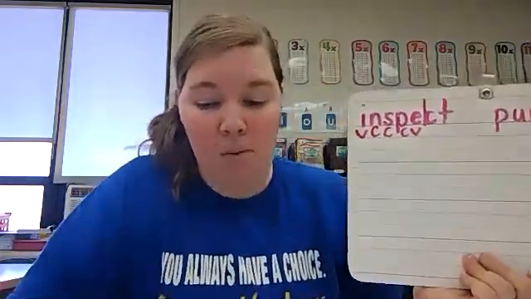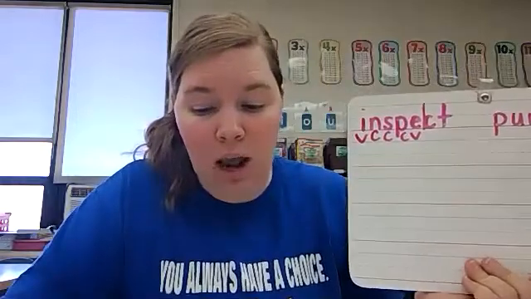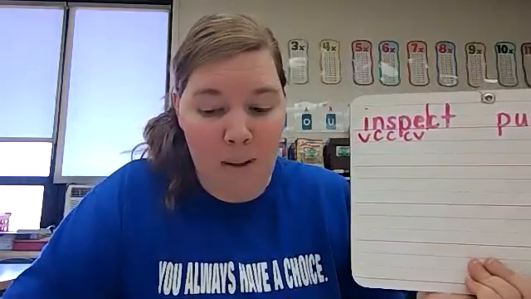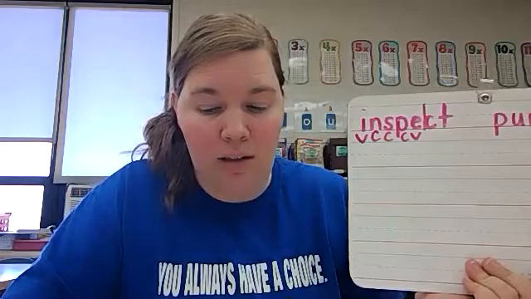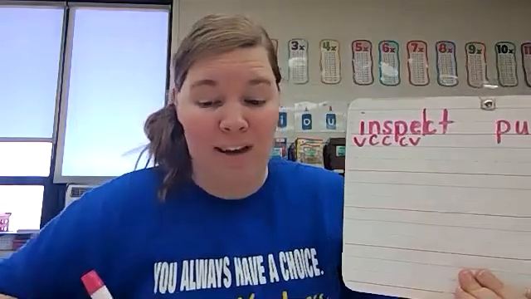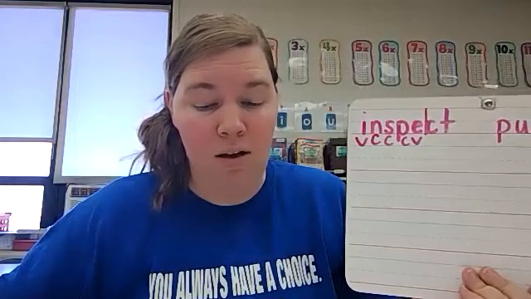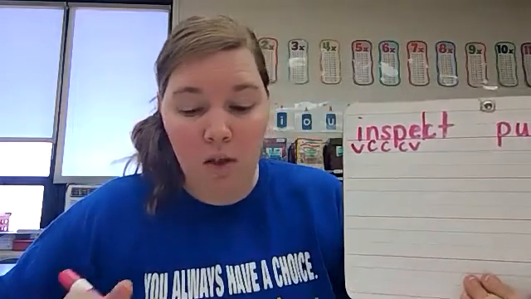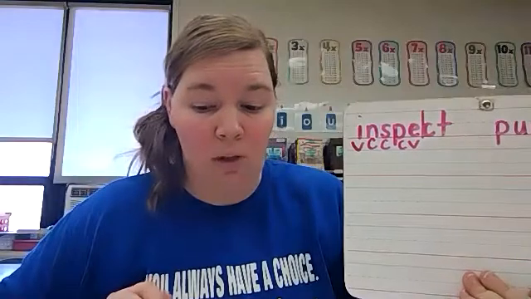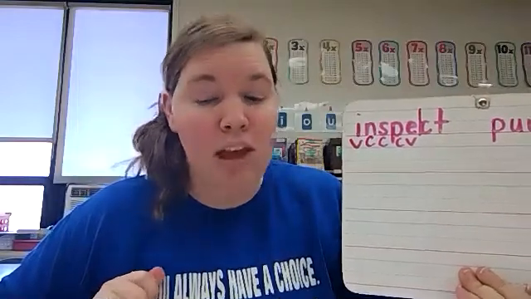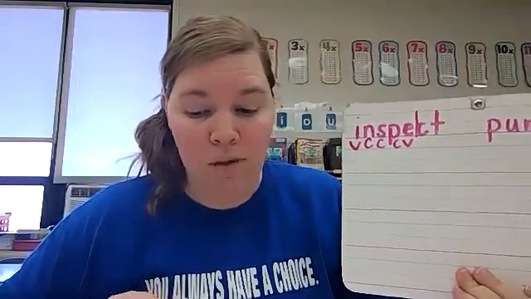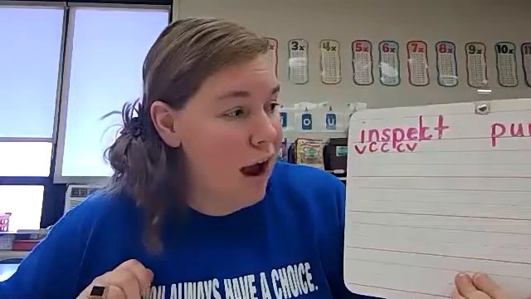Words with this vowel pattern are easy to read because you just divide between two consonants. But the hard part is deciding which two consonants to divide between. So let's look for any digraphs or blends first, and then you'll know to keep those letters together. Do you see any digraphs?